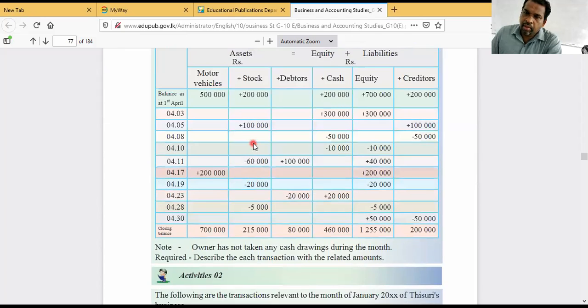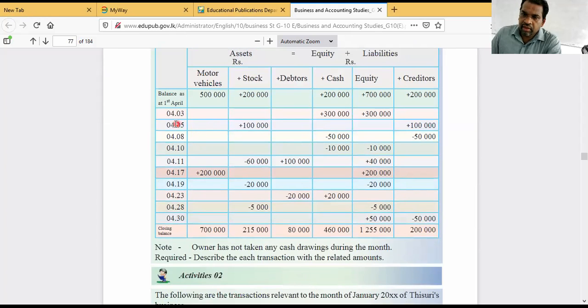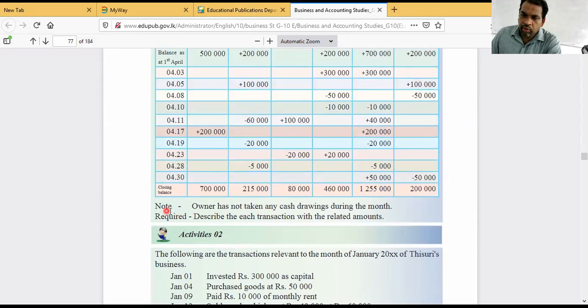Here, they have given you the following account equation of Jayant's business that shows the impacts of transactions occurred in April 2020. They have given you assets equal equity plus liabilities. Then they have already adjusted all the transactions occurred during the month of April. Finally, they have given you a note. Owner has not taken any cash drawings during the month.